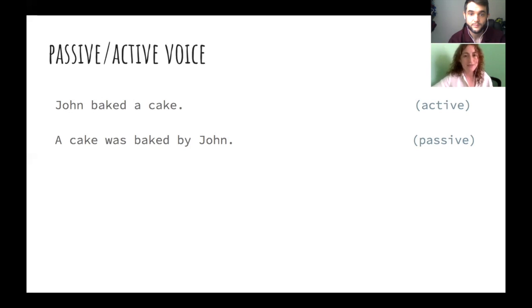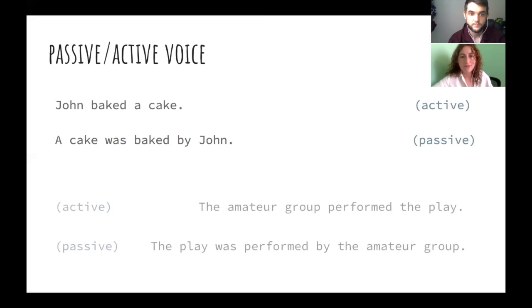It's active. John baked a cake. He's doing baking. He's doing something. The second example, a cake was baked by John. In this one, the subject, a cake, isn't doing anything. It's having something done to it. A cake was baked. It's being baked. It's passive. Let's look at another example if that's still confusing.